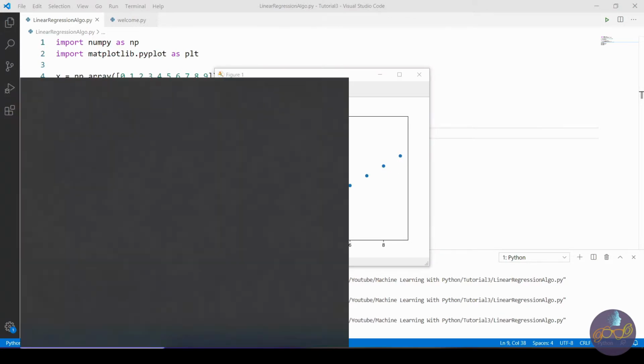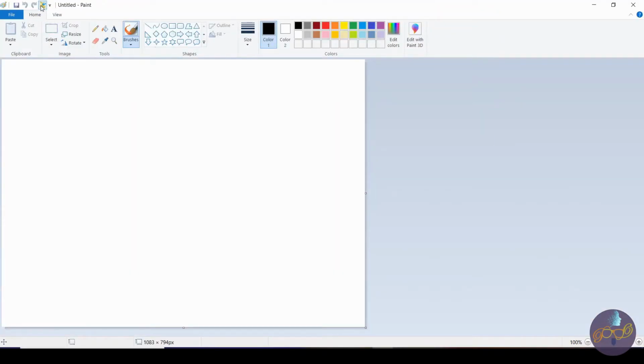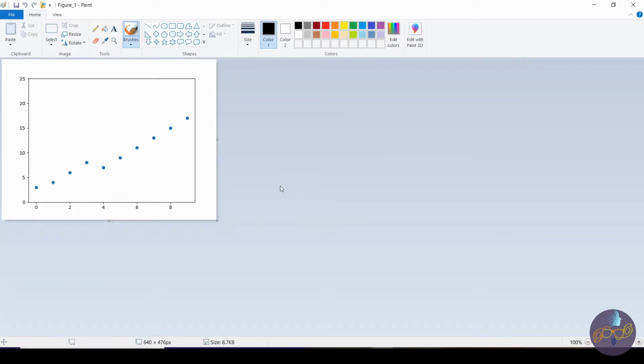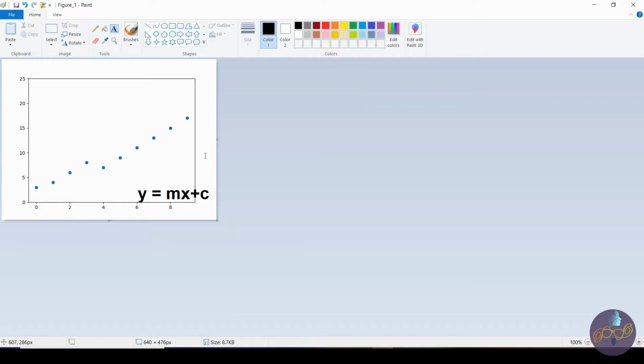Now let's open this plot in Paint so we can understand better. Here we go. Here one thing we know for sure is that the equation of the line is y is equal to mx plus c, but we don't know the slope and the intercept value as of now. Now seeing the data, the best fit line can be like this, or it can be like this, or even it can be like this too.